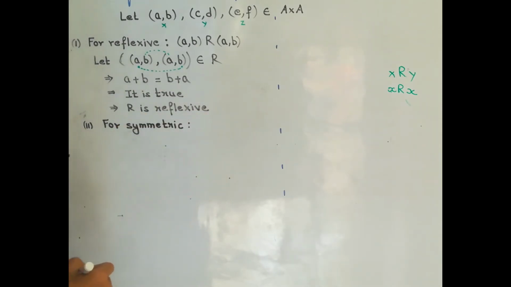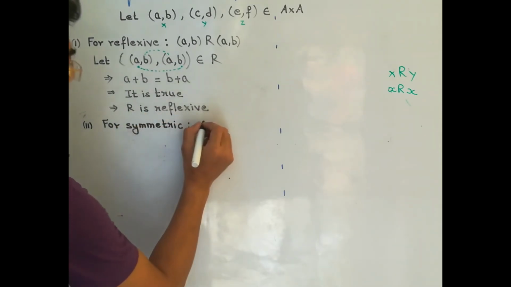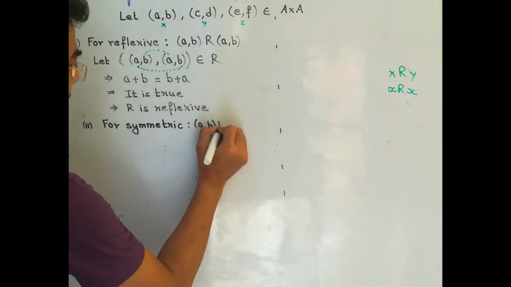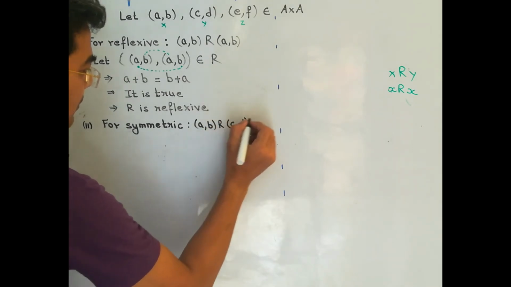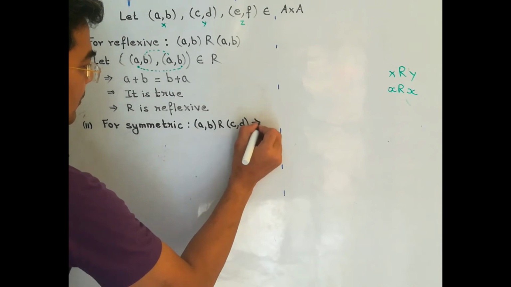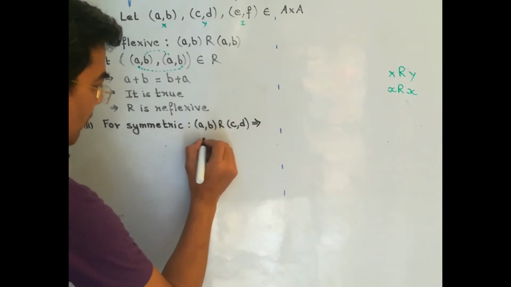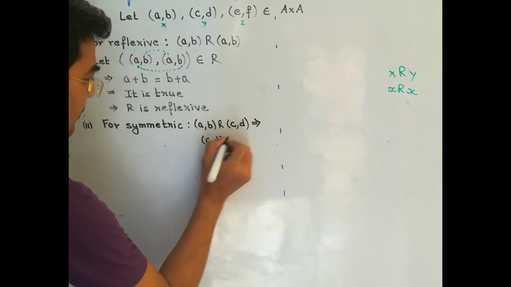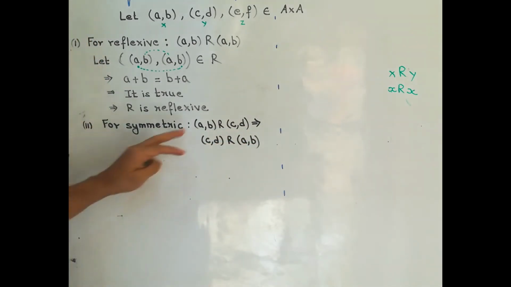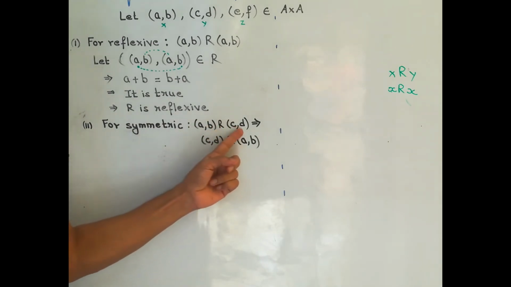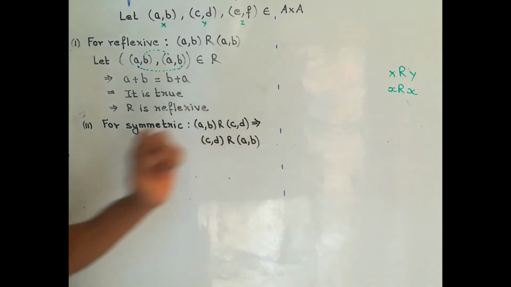Now for symmetric, we have to show that x related to y implies y is related to x.